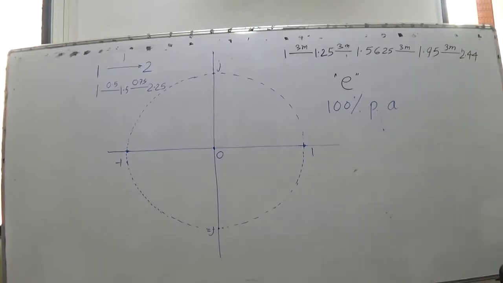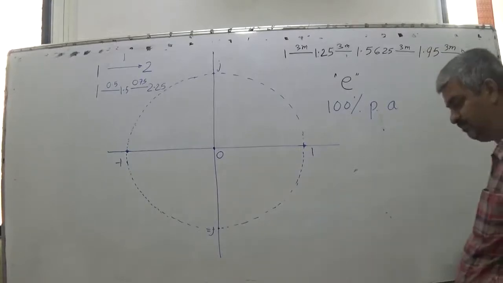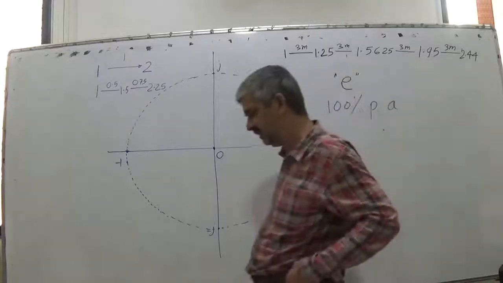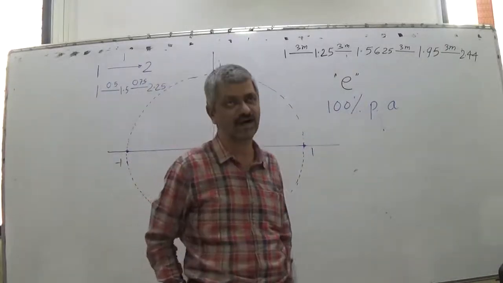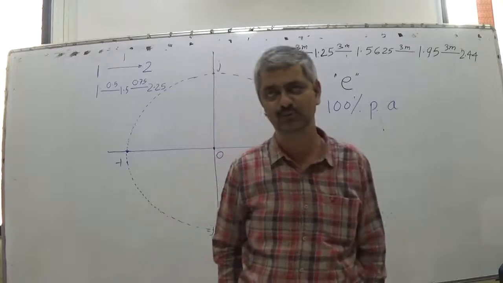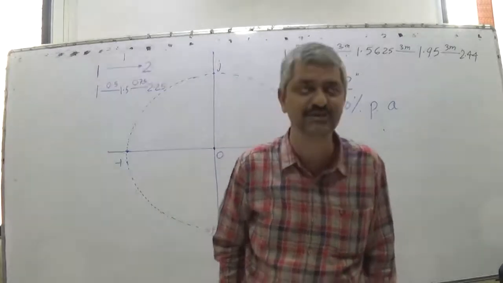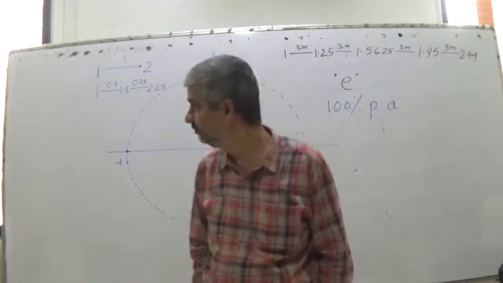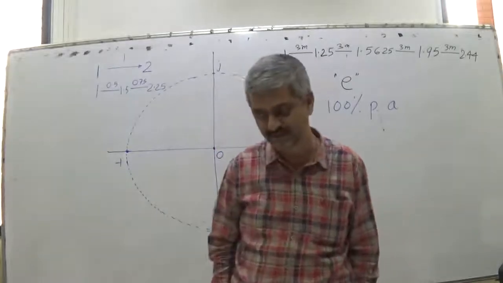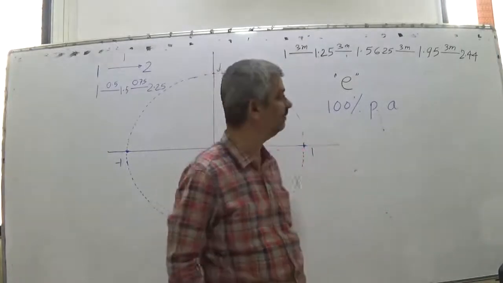So if 1 rupee is invested and 100% per annum interest rate is to be paid: if interest is paid annually, 1 rupee becomes 2 rupees.